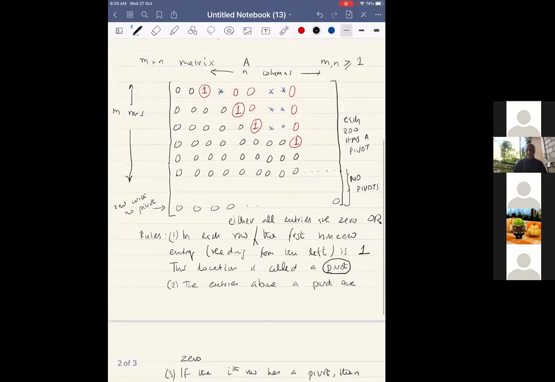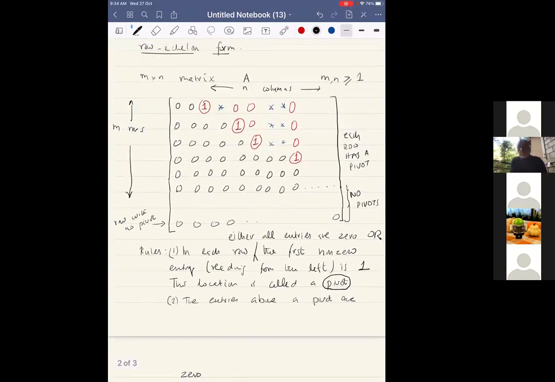Any questions? I have not yet said what we are going to do with matrices in row echelon form, but I have defined the notion of a matrix in row echelon form.